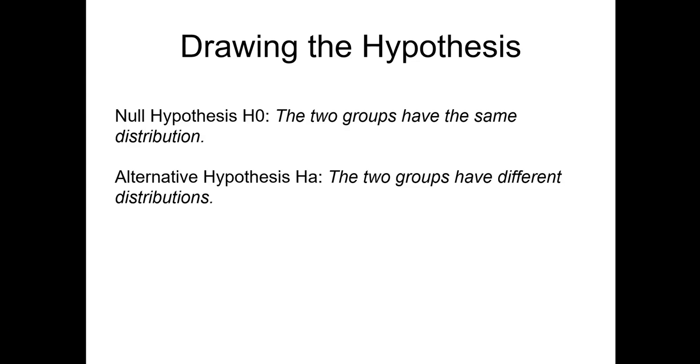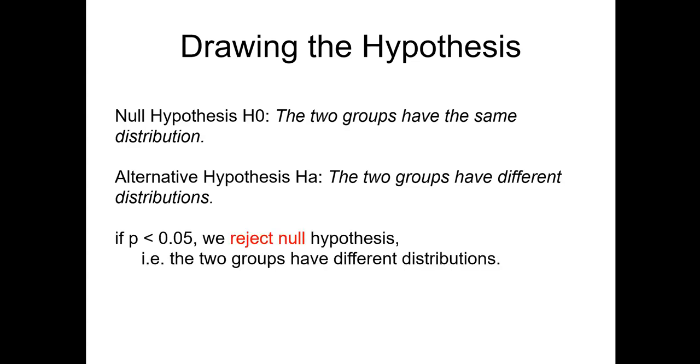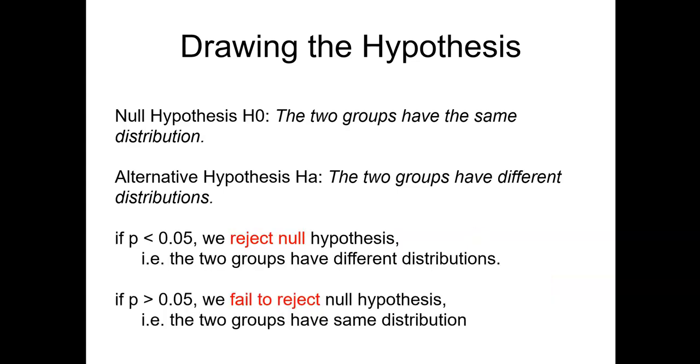Now when we run the test and we take out the p-value and the statistic, if the p-value is less than 0.05, we can be 95% sure that we can reject the null hypothesis. That is, the two groups have different distributions. And if the p-value is greater than 0.05, we fail to reject the null hypothesis. That means the two groups have the same distribution.